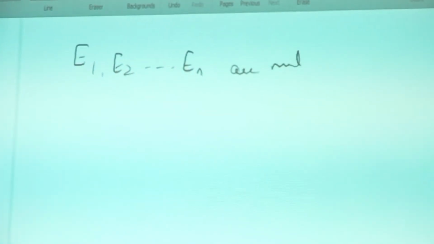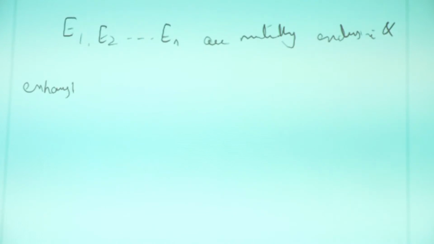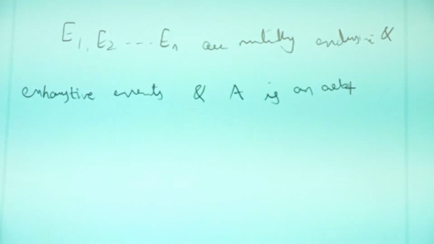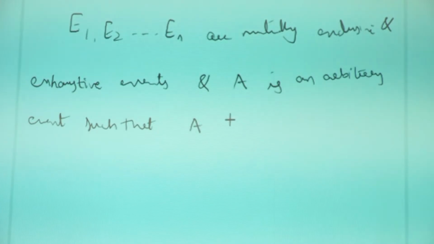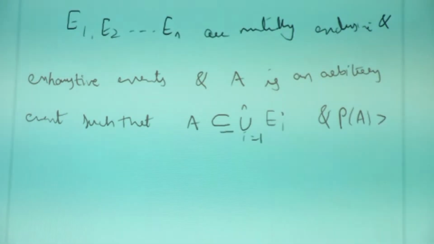Now we'll see Bayes theorem and related problems. In MCQs, we are going to get similar type of questions. Bayes theorem: E1, E2, so on up to En are mutually exclusive and exhaustive events of the sample space, and A is an arbitrary event such that A is contained in the union of all EIs, and P of A is greater than 0.